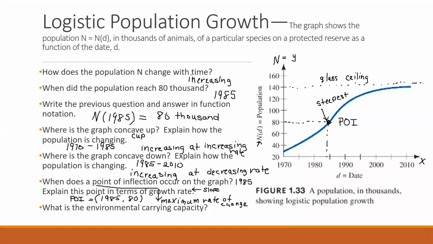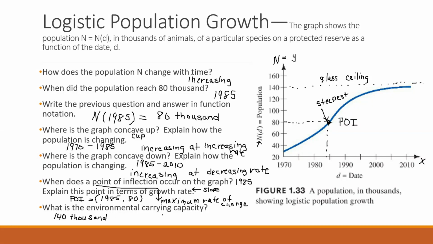So it acts like a lid on the function. And so the glass ceiling that we see here looks to be like 140,000 animals. So this environment or this reserve is large enough for 140,000 animals. And then the population is not going to have enough food and space to grow beyond that.